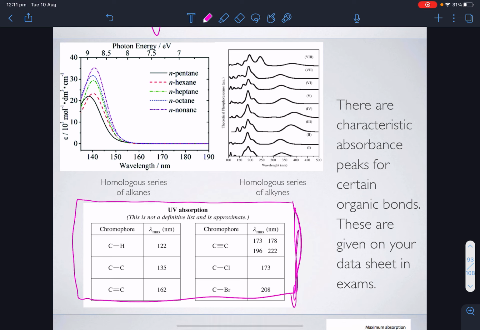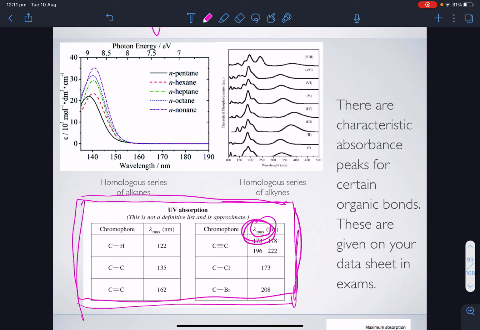So I think there might have been a question in last year's HSC, but they're going to bring it up. Okay, so they're saying here, it's a list of chromophores versus lambda, for wavelength in nanometers.